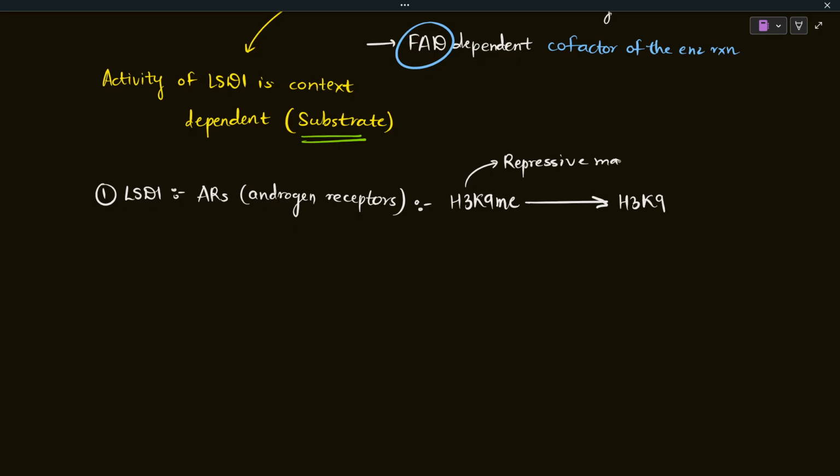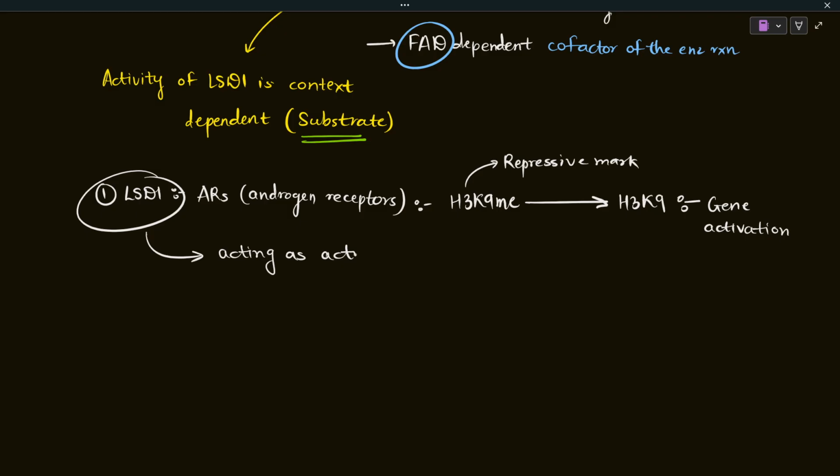So due to removal of this repressive mark, there will be gene activation. Removal of the K9 methylation will lead to gene activation. That is why LSD1 here is acting as an activator instead of acting as a repressor. So this is an important one.